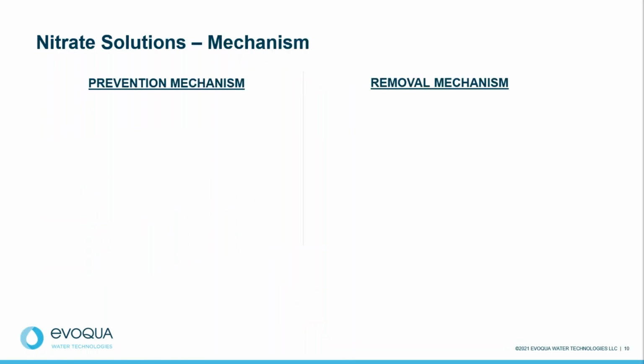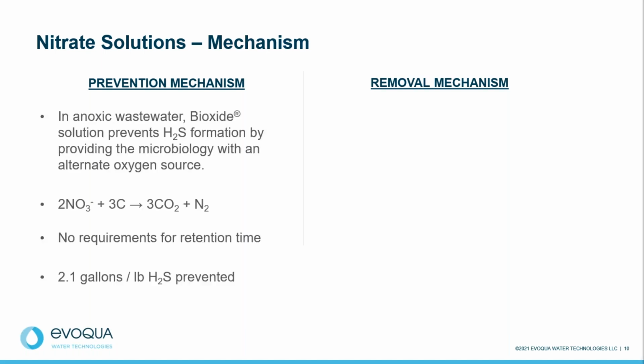So the nitrate solutions have two main types of mechanisms based on the feed point conditions: the prevention mechanism and the removal mechanism. In the prevention mechanism, in anoxic wastewaters, where oxygen is in very short supply, the BIOXIDE solution prevents the formation of H2S itself by providing an alternative oxygen source.